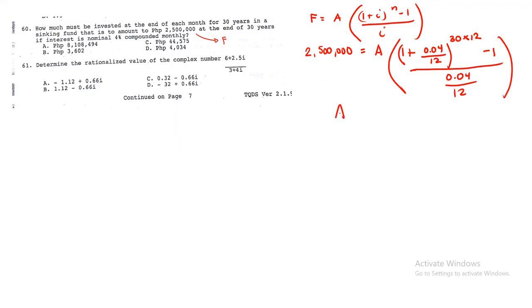Makuha natin annuity dito, guys, kapag kinalculate nyo, 3,602. So, the answer is letter B.